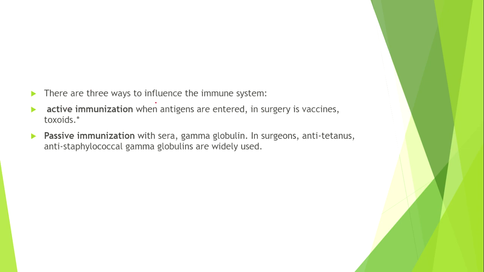There are 3 ways to influence the immune system. First of all, active immunization, when antigens are introduced: in surgery, these are vaccines or toxoids. And passive immunization with sera and gamma globulins: in surgery, antitetanus and antistaphylococcal gamma globulins are widely used.